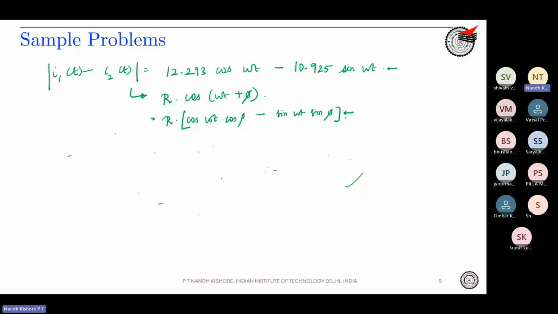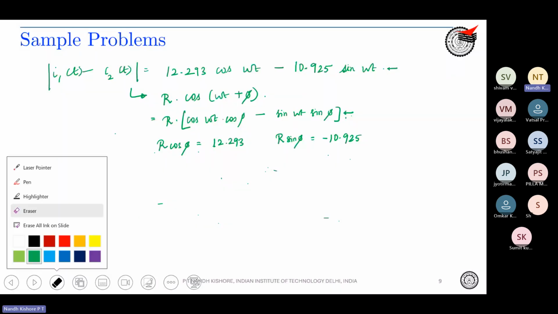So from this, your R cos phi is basically 12.293, and R sin phi is basically minus 10.925. This is my R cos theta and this is my R sin theta.